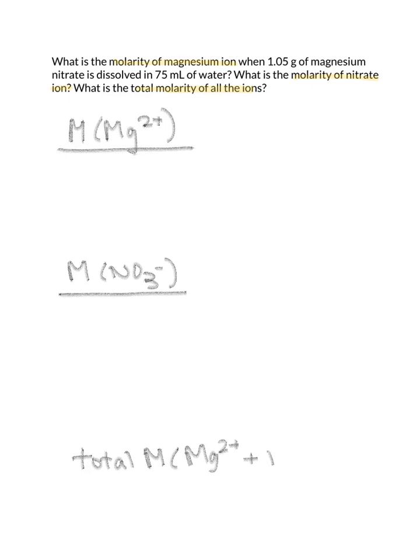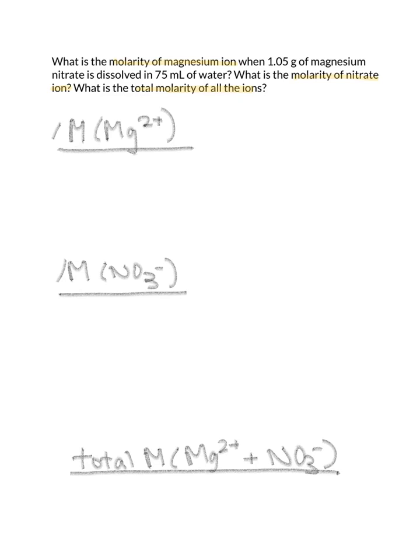I'm going to need the molarity of nitrate ion, right? NO3-. And I'm going to need the total molarity, right? Magnesium and nitrate. And I hope it makes sense in your mind that the total molarity is just going to be adding up whatever I get for the magnesium 2+ and whatever I get for the nitrate.